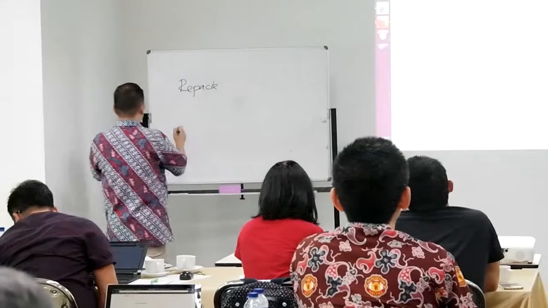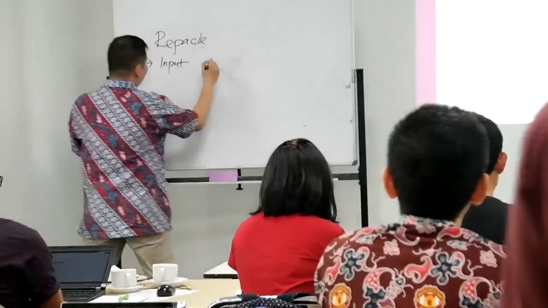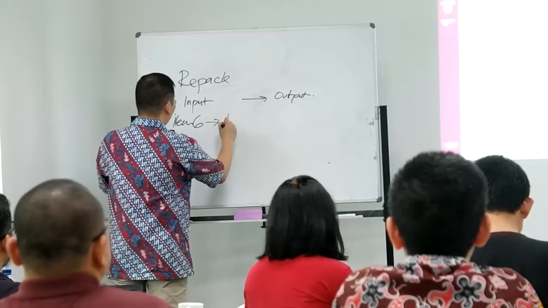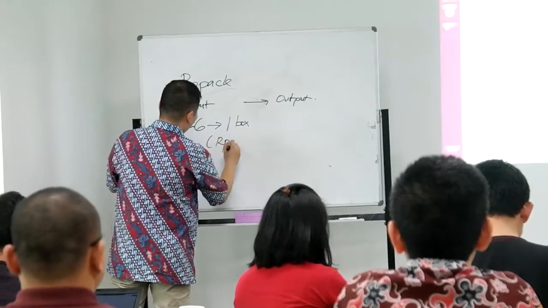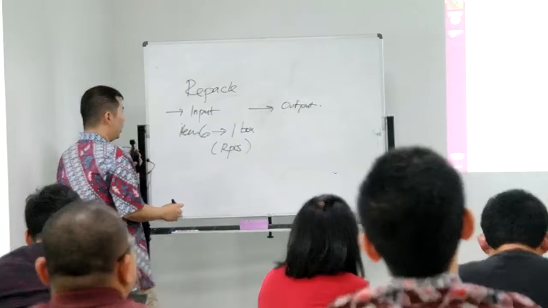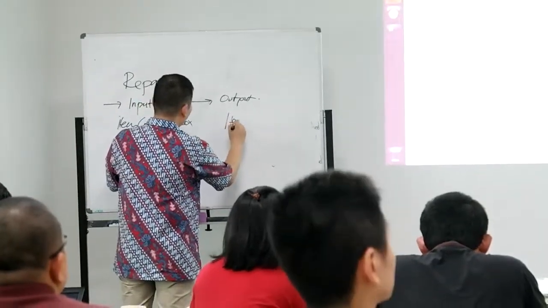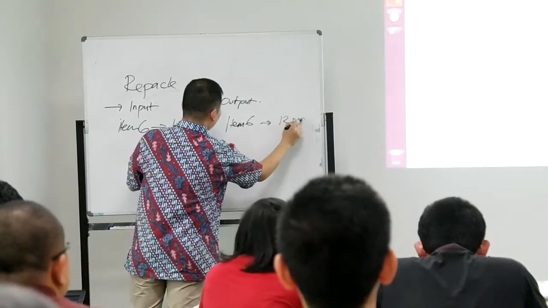So with the repack, you can have input and then output. We can input the item 6 as 1 box, which contains 12 pieces, and then the output should be the same item 6, 12 pieces.